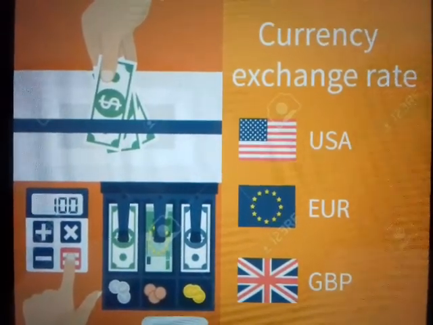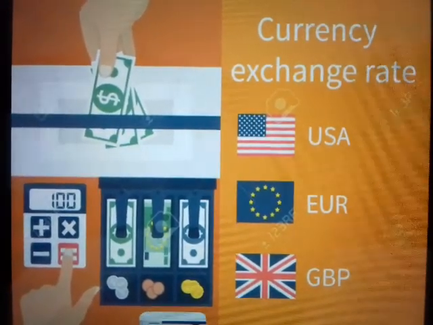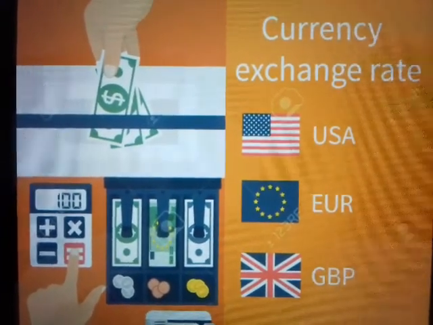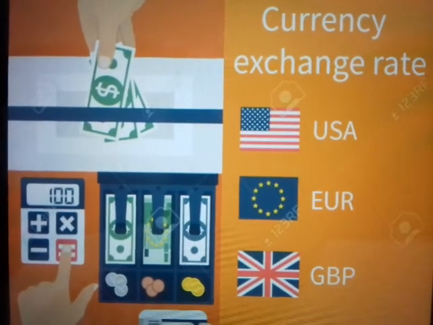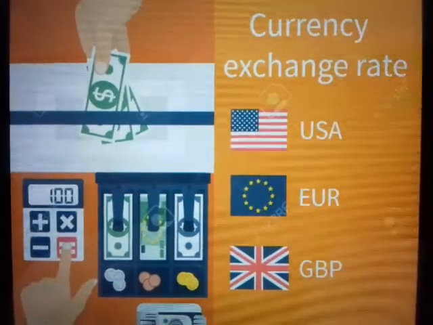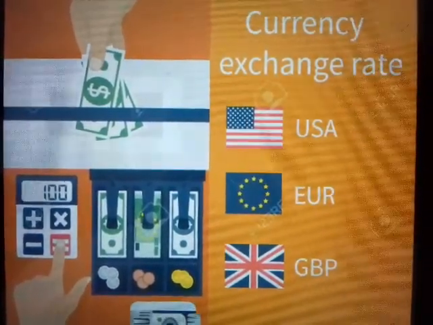In India they are using Indian rupees, and in Sri Lanka we are using Sri Lankan rupees. When he sends you some amount of money in Indian rupees, you don't use Indian rupees in Sri Lanka. So you should exchange it to Sri Lankan rupees.